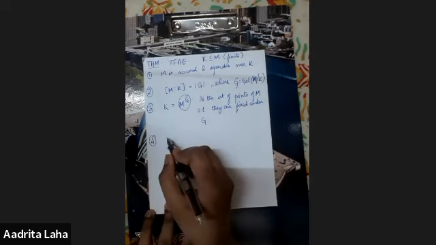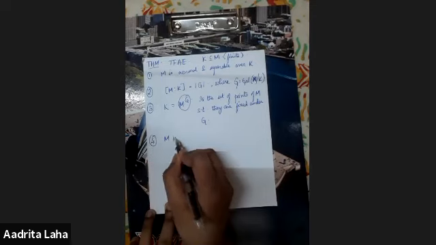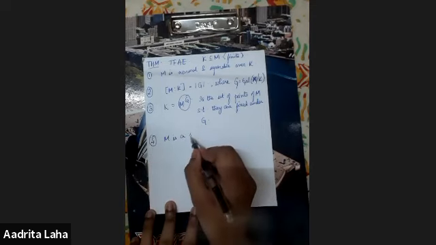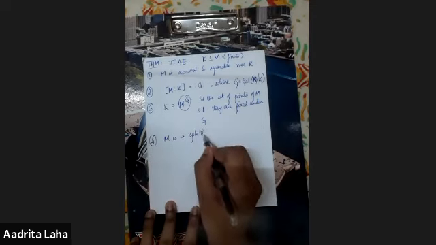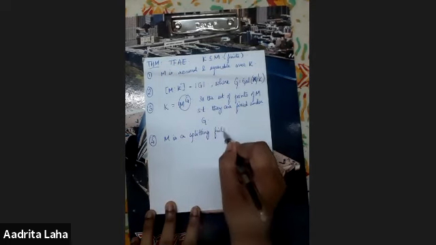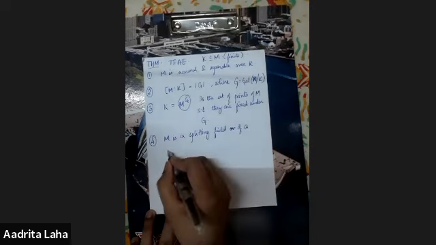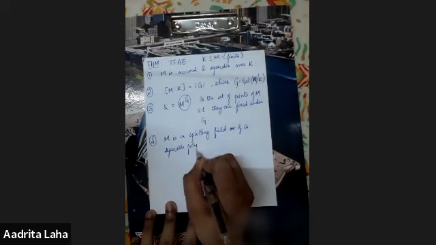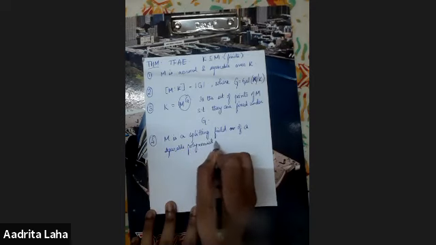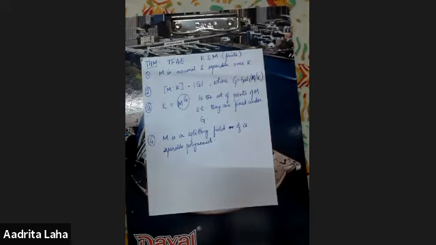And fourth, we have M is a splitting field of a separable polynomial. And these are the four conditions.